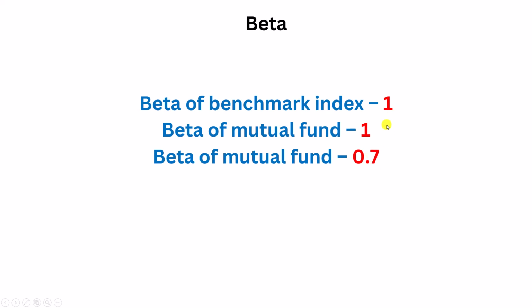So, this is what the beta tells us. Now, should the beta be more, should the beta be less? It is subjective. If you want a safer return, then the beta value should be lower. If you are willing to take risk, then the beta value can be higher. That is about beta.